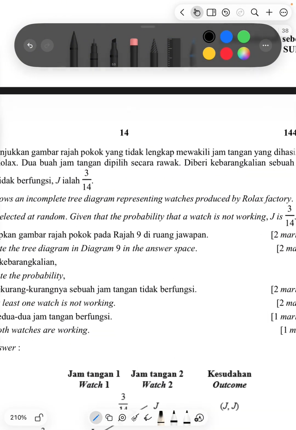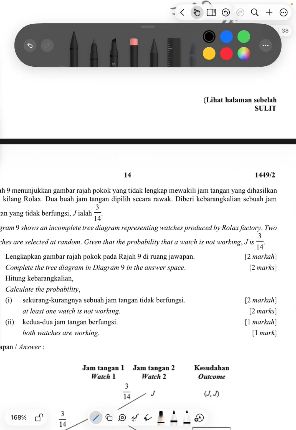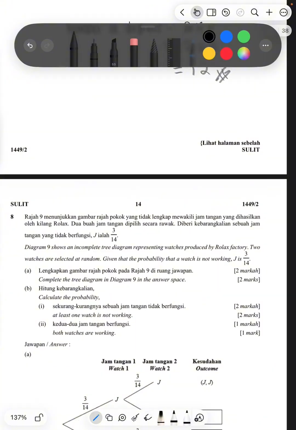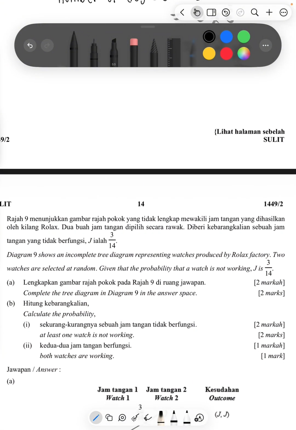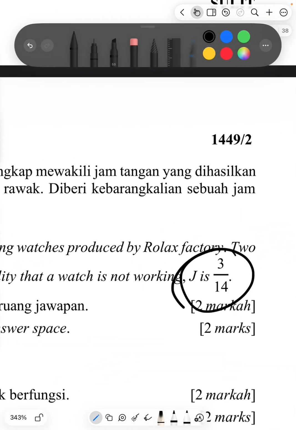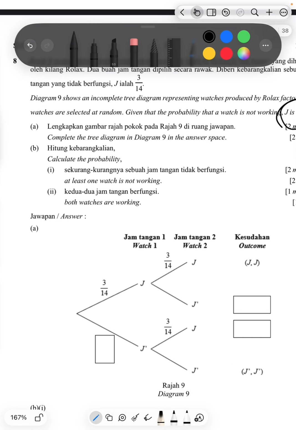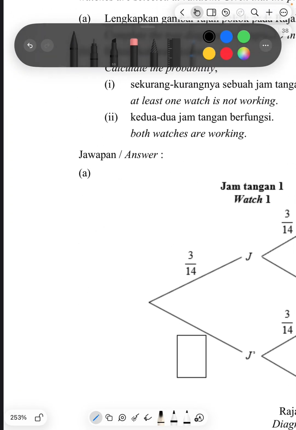Now, diagram 9 shows an incomplete tree diagram representing watches produced by Rolex factory. 2 watches are selected at random, given that the probability that a watch is not working is J, 3 over 14. Complete the tree diagram in the answer space. What we have to know is that total probability is always equal to 1.